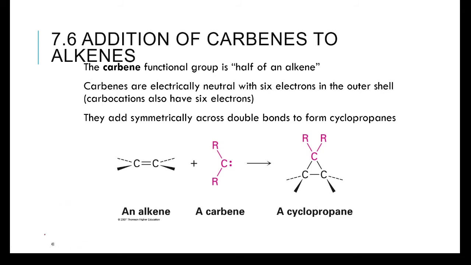A carbene. A carbene is a carbon that's not only short a bond, but also has a lone pair on it. Okay, so as you can see, this carbene here is only making 2 bonds with a lone pair, so it's short electrons. Again, as it says up there, carbenes are known as half alkenes, or half of an alkene.